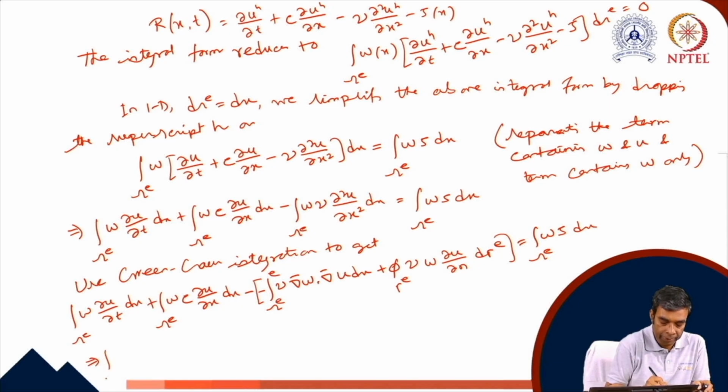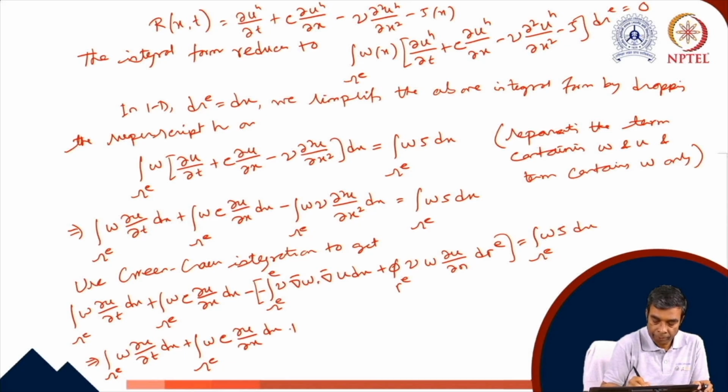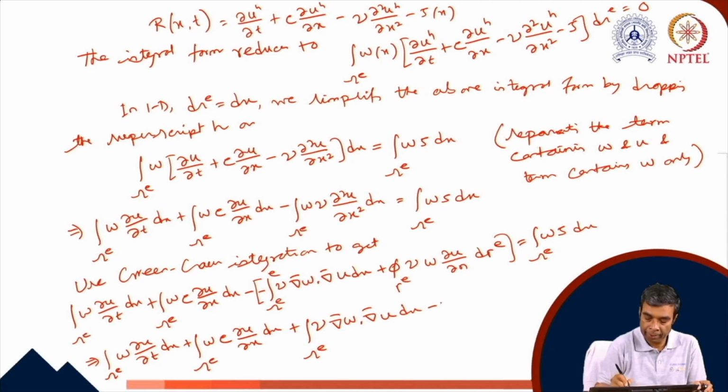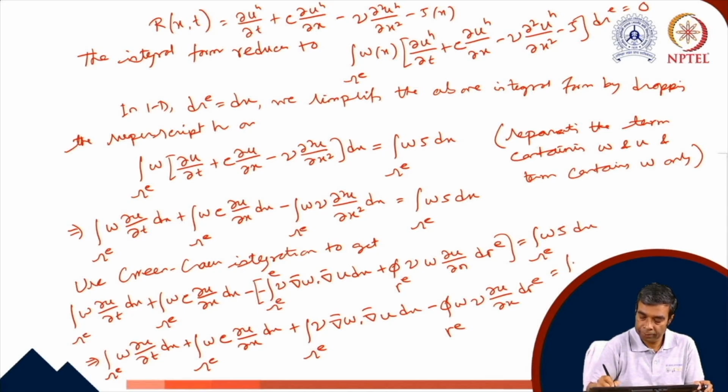This can be simplified as integration over omega E w del u del t dx plus integration over omega E w into c del u del x dx plus integration over omega E nu into gradient of w dot gradient of u dx minus boundary integral along gamma E w into nu del u del x d gamma e equals integration omega e w s dx.